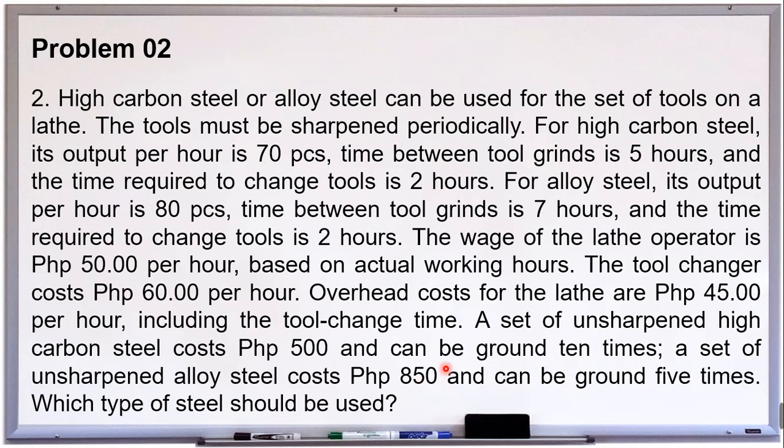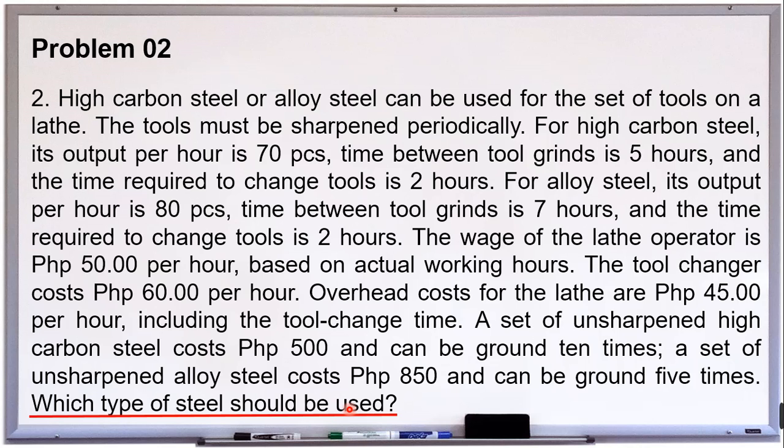So the question here is, we're going to select which type of steel should be used for our set of tools on the lathe machine. So we are going to evaluate the cost of these two alternatives, and whichever produces much lower cost, then we're going to select that material.